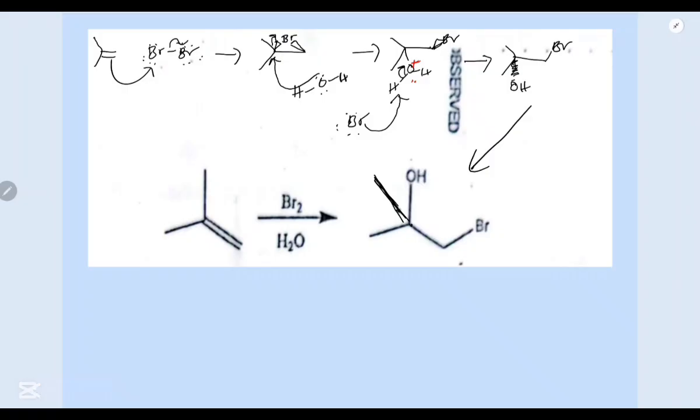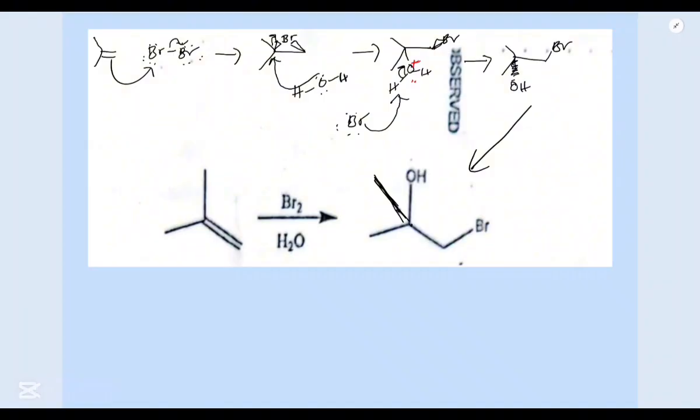So the tricky part is that the OH is being added to a carbon which has fewer hydrogens. So it follows Markovnikov's rule.